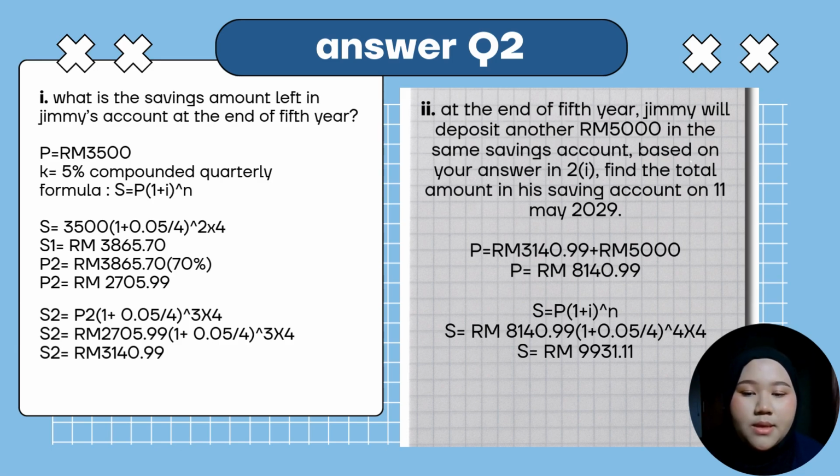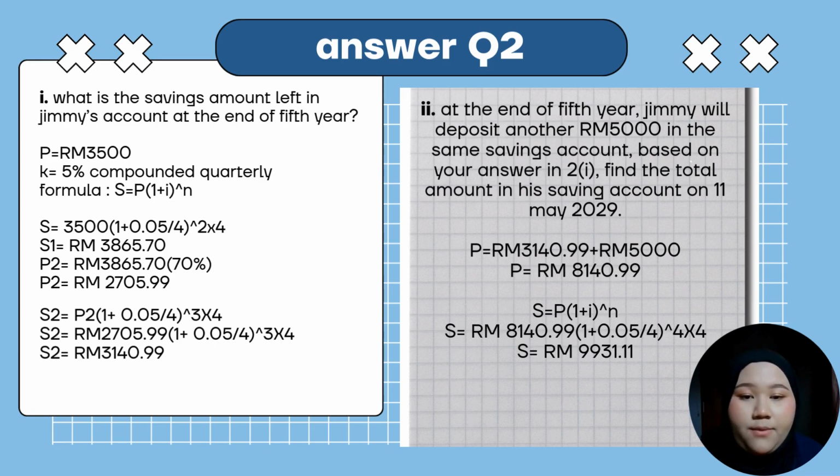So the total for S is RM 3,140.99. For the second question, at the end of the 5th year, Jimmy will deposit another 5,000 in the same saving account. What's the total amount in his saving account on 11 May 2029? P is RM 3,140.99 plus 5,000.